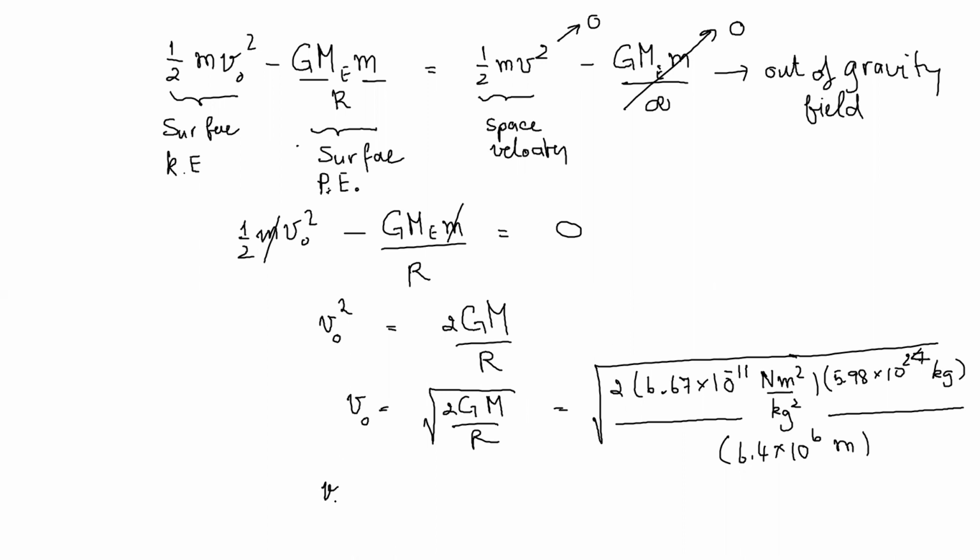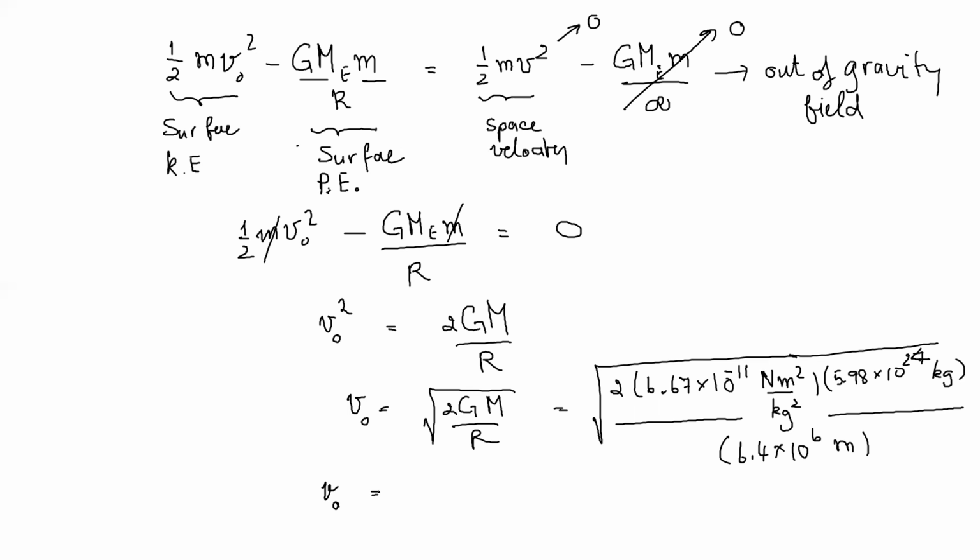Okay, let's see here. Two times 6.67 times 10 to the minus 11, and then times 5.98 times 10 to the 24, divided by 6.4 times 10 to the 6, and then take a square root.